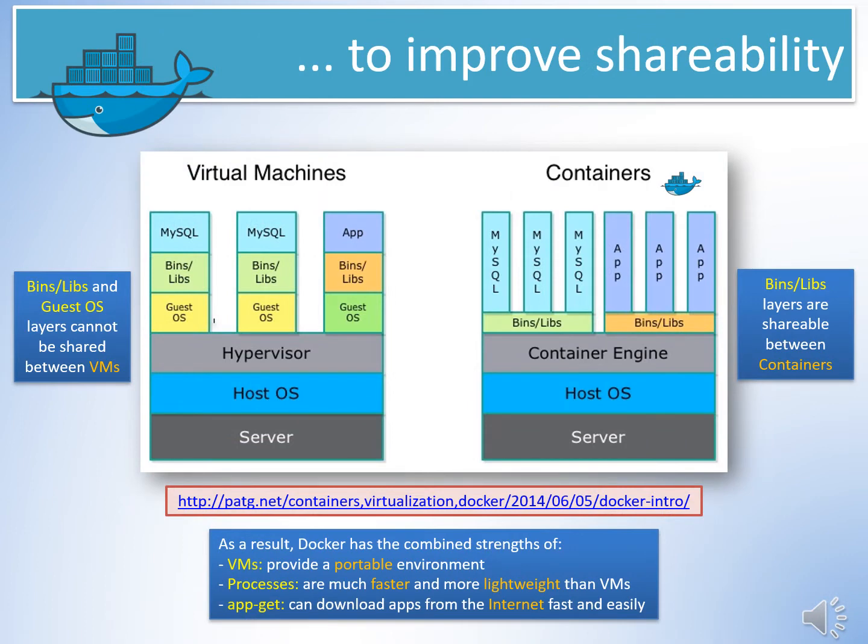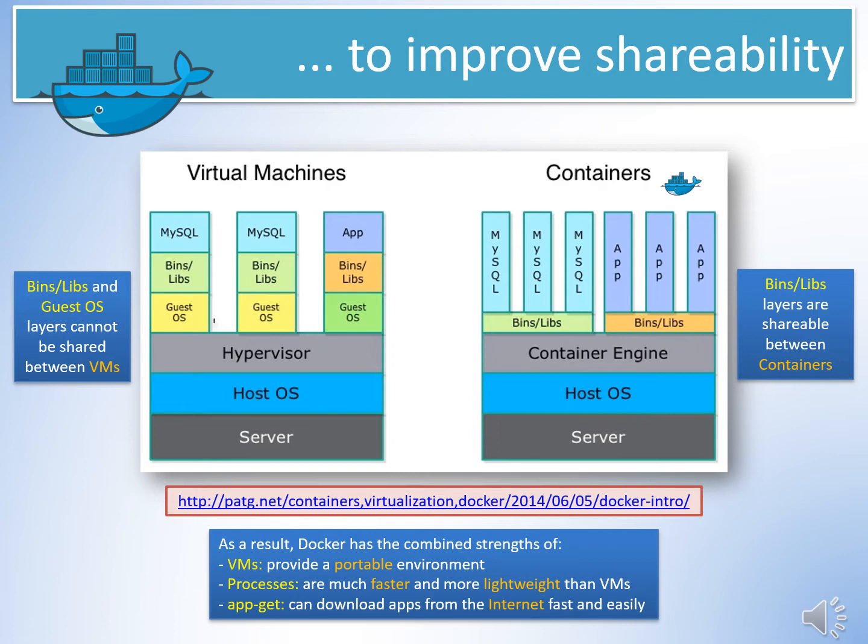Docker is super lightweight compared to VM because it has improved the shareability between its units. As you can see in this diagram, on the left, bins/libs and guest OS layers are not shared between VMs running MySQL, while on the right, the bins/libs layer is shared between Docker containers running MySQL. For each VM, there will be a file containing all layers from guest OS up to app.